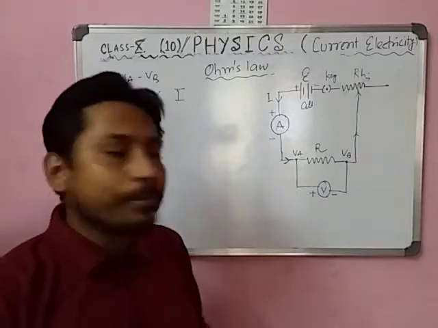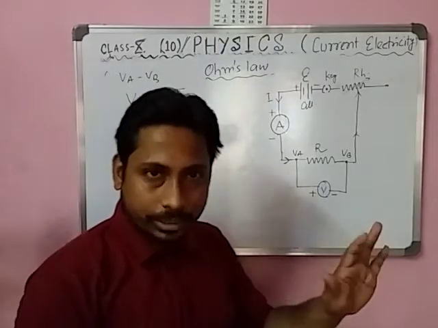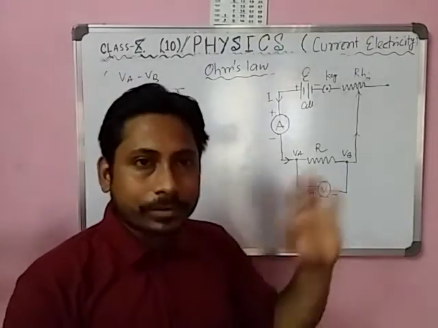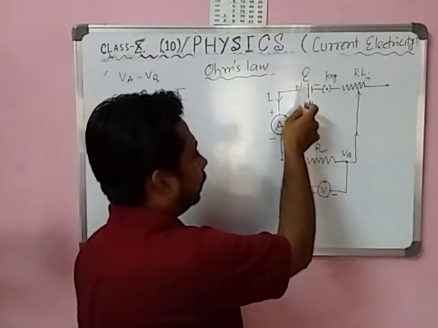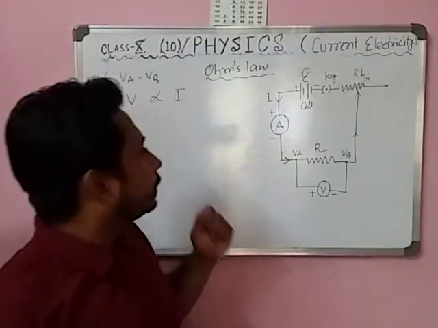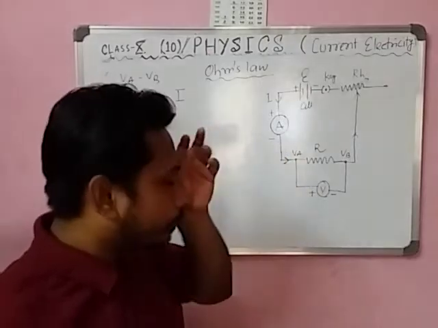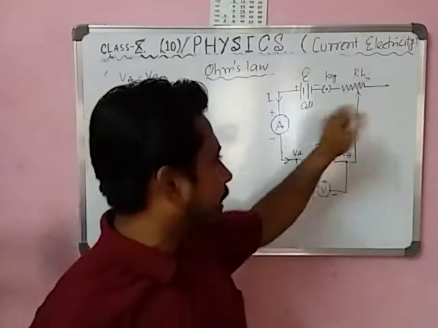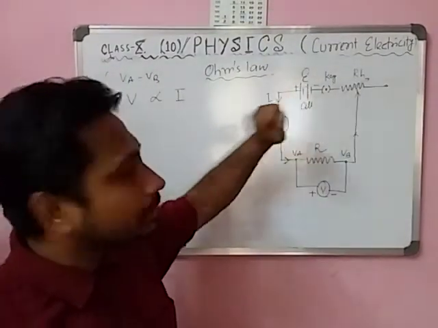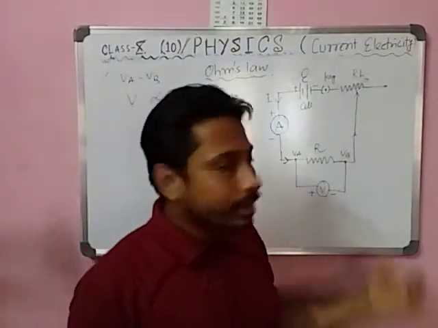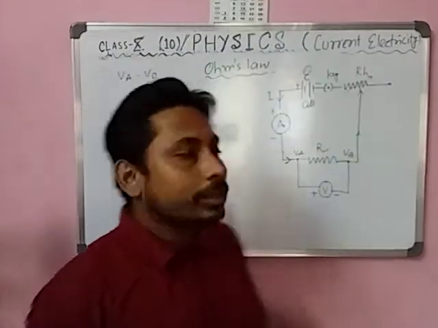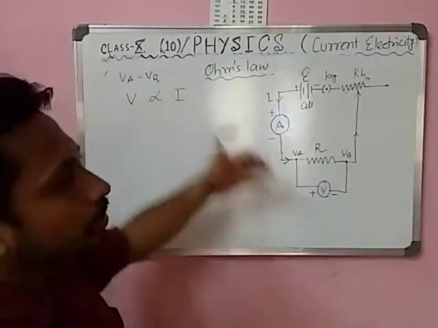EMF and potential have the same unit, though there is a slight difference, which I will discuss. If the cell provides EMF, then current flows through this conductor, and if you increase the potential difference, it will also increase the current. So Ohm states that V is proportional to I.